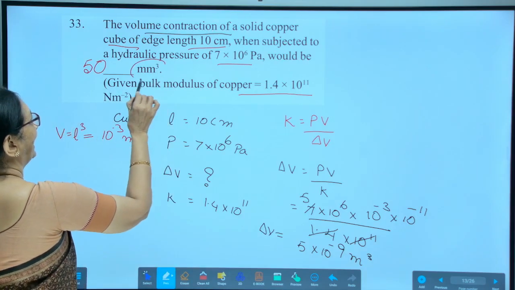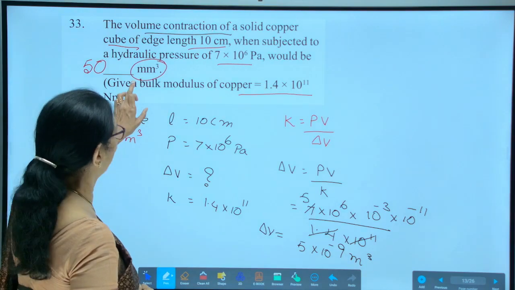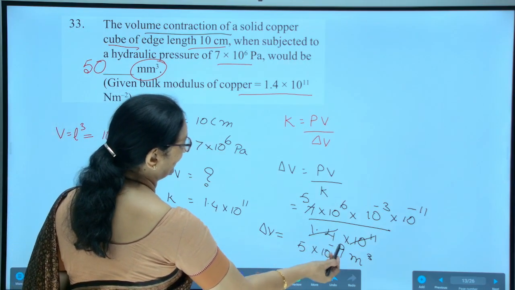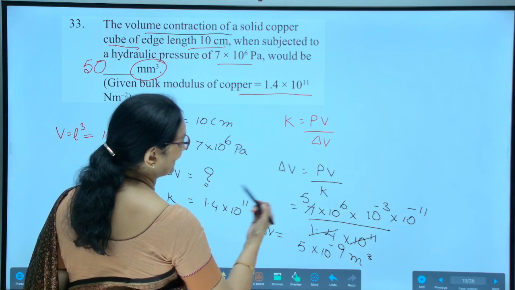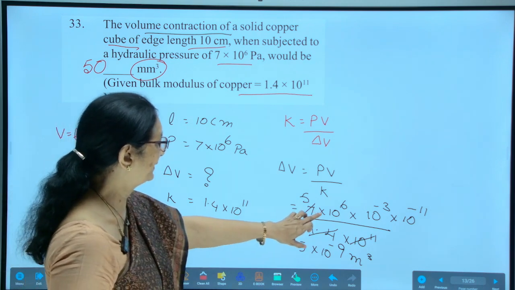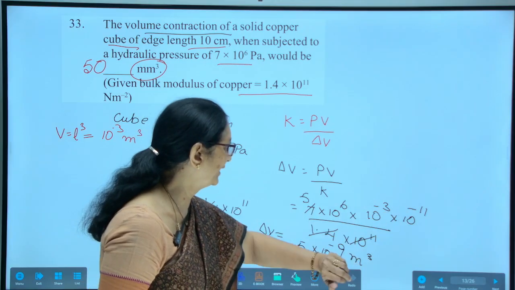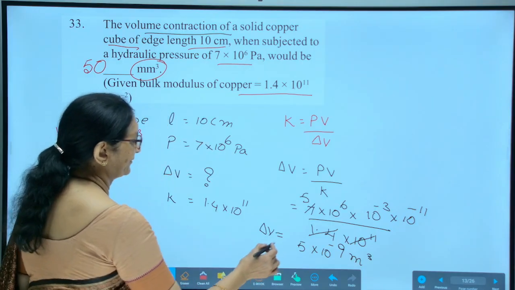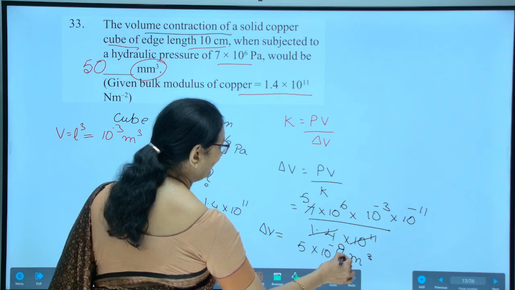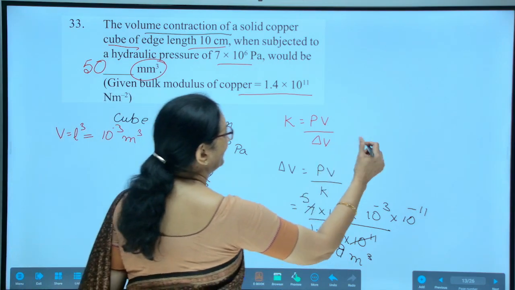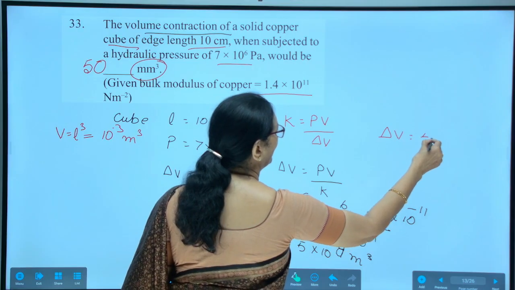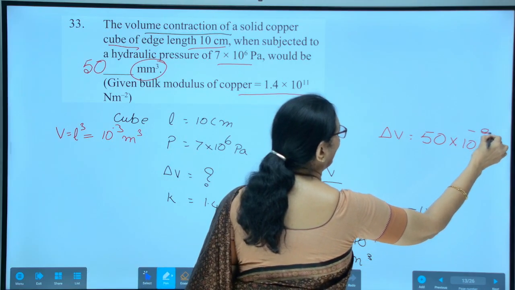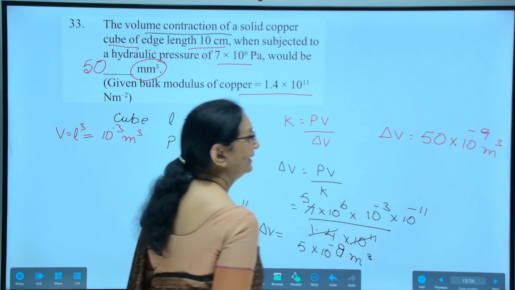But if you look at the answer, it is mentioned as 50. Look here, 1.4 gets cancelled, 5 times, 5 into 10 to the power of 6, and this goes to the numerator. So 10 power minus 14 into 6, 10 power minus 8, 5 into 10 to the power of minus 8, or delta V is equal to 50 into 10 to the power of minus 9 meter cube, right?